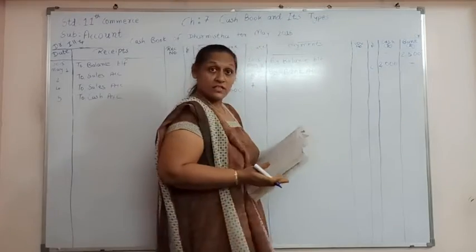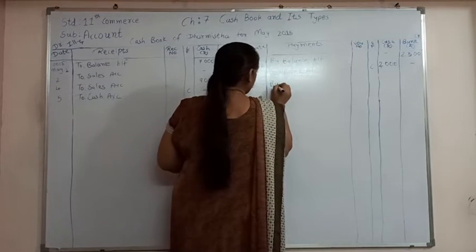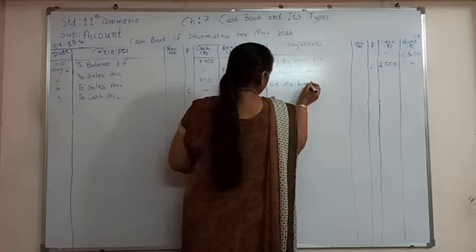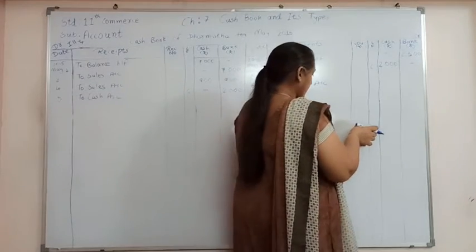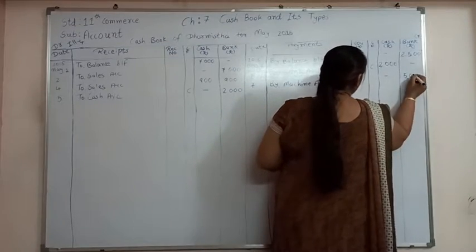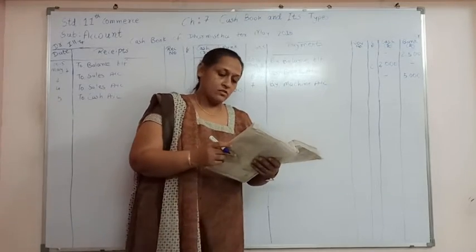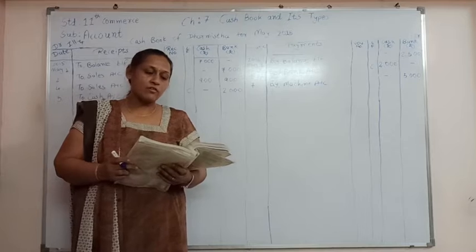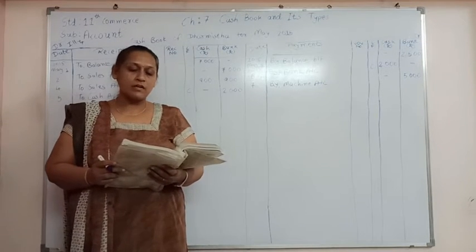As we have purchased the machine, here we are going to credit, by machine account, and the amount of the cheque will be 5,000, as we have purchased a machine of 5,000.